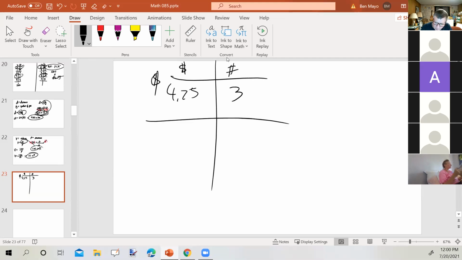What if the price went up to $6? Would you still buy 3 a week? No. How many would you buy? Probably 2, or 1. Okay, all right. So what happened here? The price went up, the amount you would purchase went down. Is that direct or inverse? Inverse. Good, good.